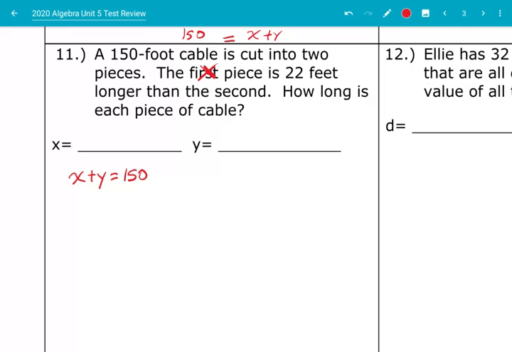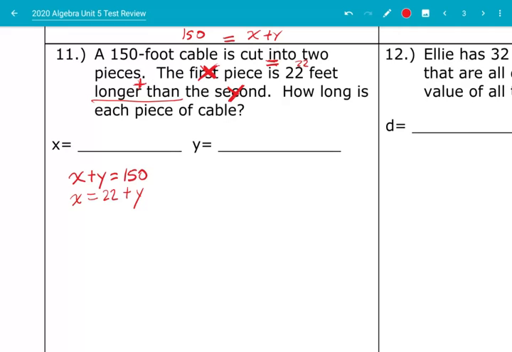The x piece is 22 feet longer than the second, the y piece. So x equals 22 plus y. How long is each piece of cable?